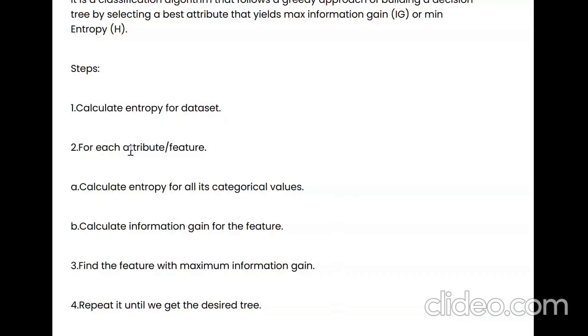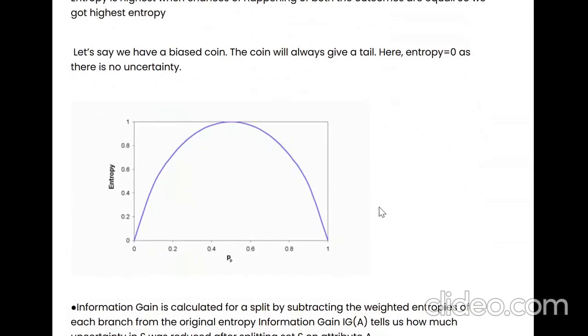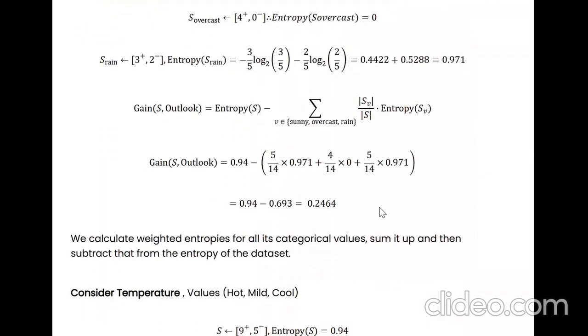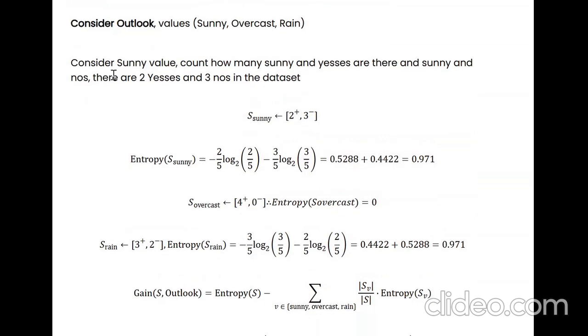Now we'll move on to the second step, that is, for each attribute calculate entropy for all its categorical values. Let's consider outlook. The distinct values in outlook are sunny, overcast, and rain. Let us start with sunny. Count how many sunny and yeses there are and how many sunny and no's.